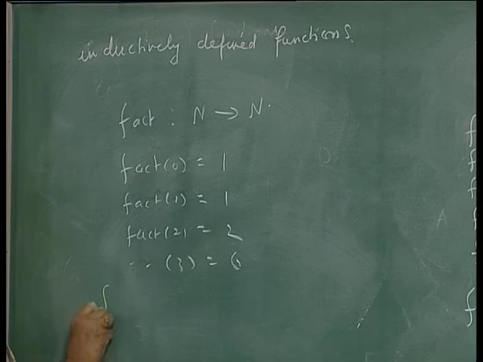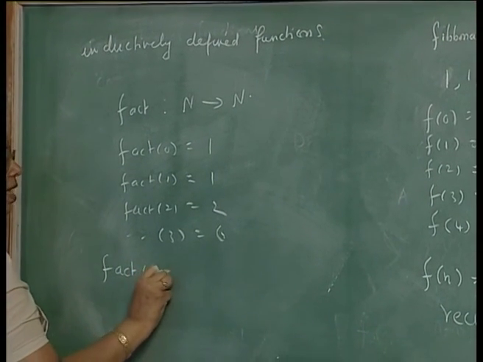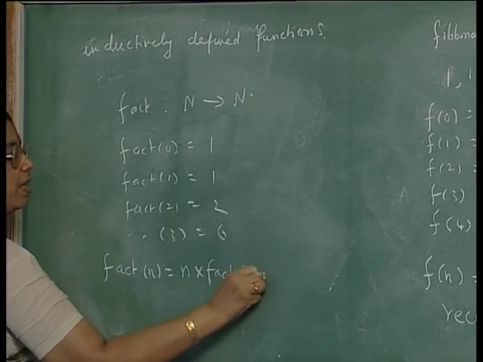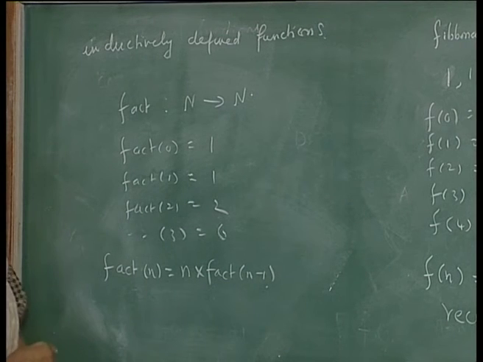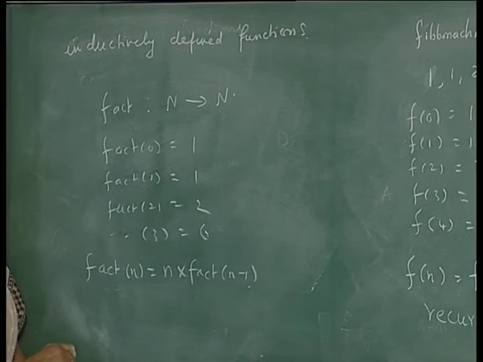Okay. So, in general factorial n is n into factorial n minus 1. We can define like this. This is again a recursive definition of a function.